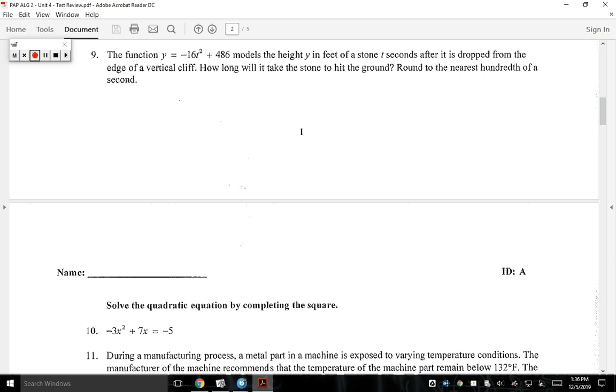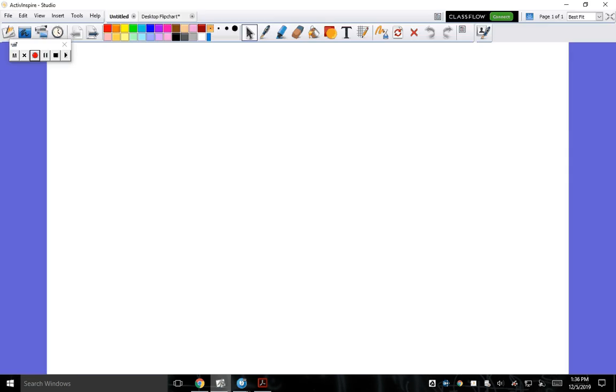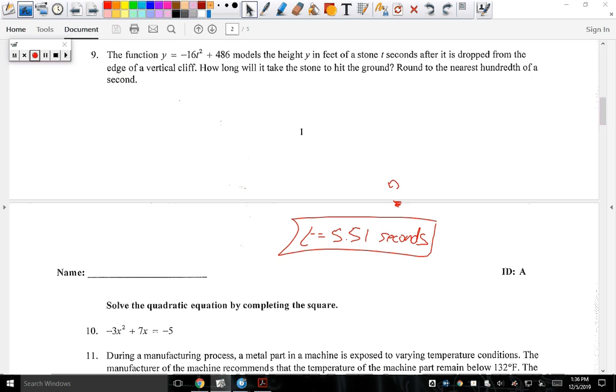So t seconds. Okay? Another way that you could have done that, had you not chosen the method that we just did, is you could have done this by hand, still using the calculator, just for extra practice. If you have 0 is equal to negative 16t squared plus 486, you could move the 486 by subtracting it over to the left side.